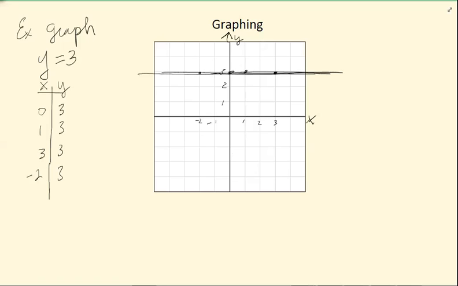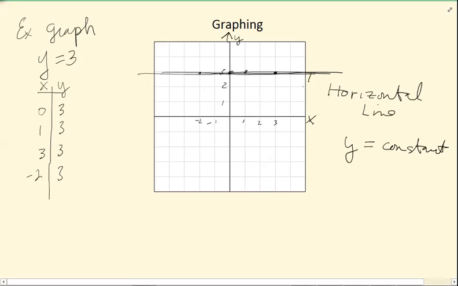Okay, there's the line. What you notice about this is it's unusual because it goes straight across left to right. It's an example of what we would call a horizontal line. And whenever you have an equation like that, y equals constant, and you don't see an x in the equation, it's a horizontal line. The fact is, y equals 3, notice it's 3 high on the grid.